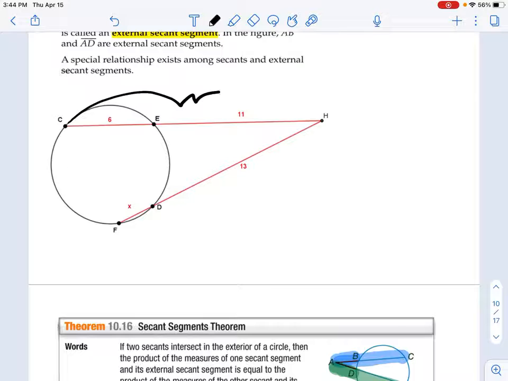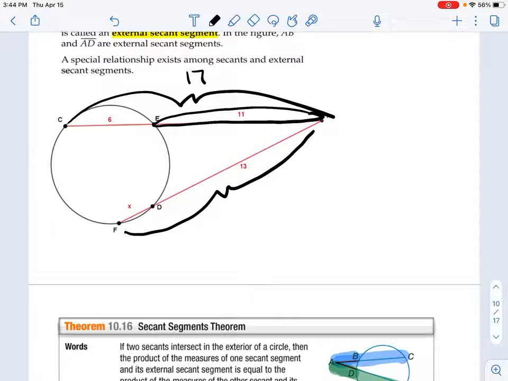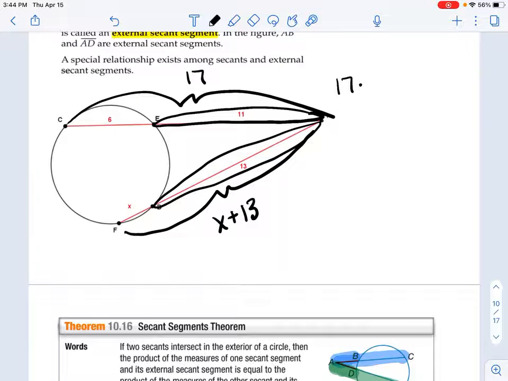So we need the whole thing. That means we're going to have to do some addition. 6 plus 11 is 17. And then we will take it times the external part. Notice it's not necessarily the smallest part. Same thing over here. We need the whole thing. So this is x plus 13 times the external part. So we're going to have 17 times 11 is equal to x plus 13 times 13.